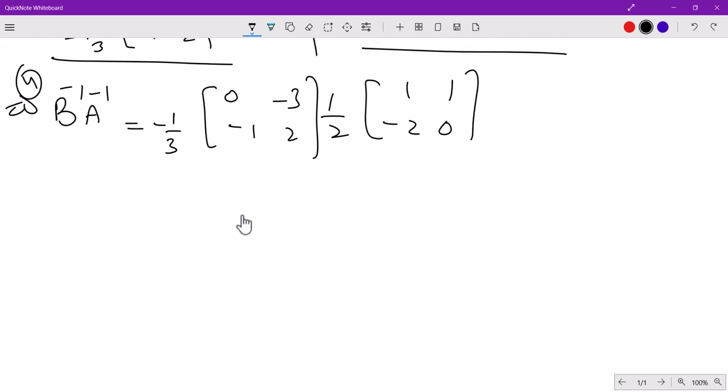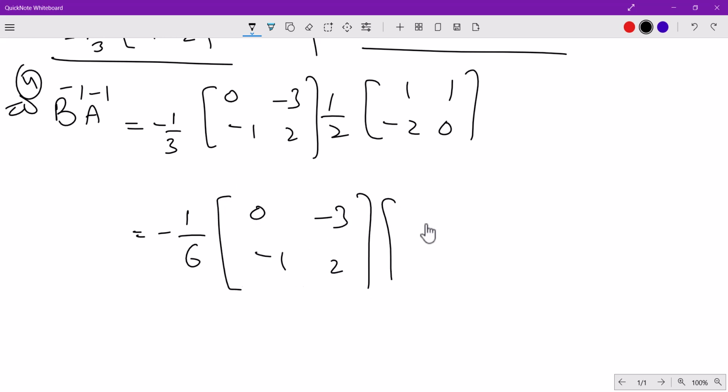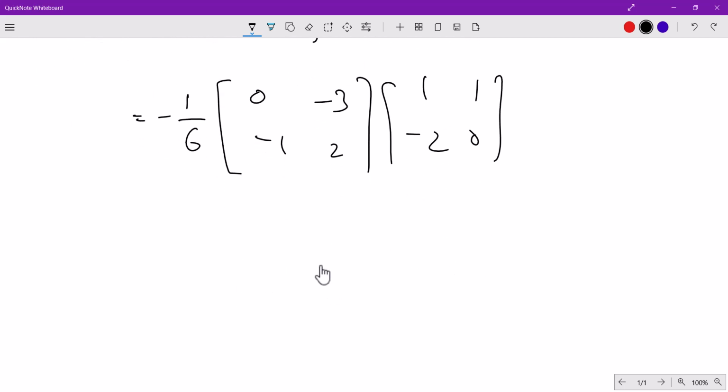So we get minus 1 divided by 6 into [0, -3; -1, 2] and [1, 1; -2, 0], and we multiply the matrices. Finally, B inverse into A inverse is equal to 1 divided by 6 into the product, with row multiplied by column.